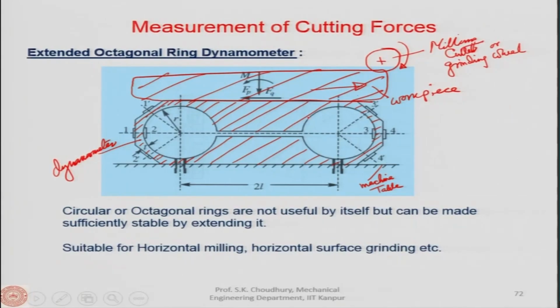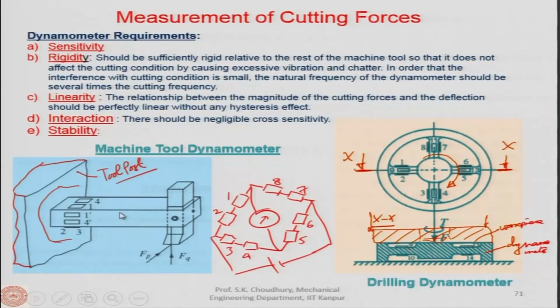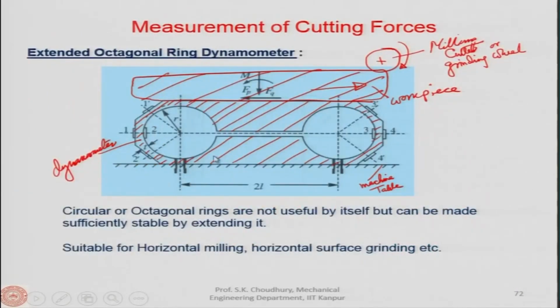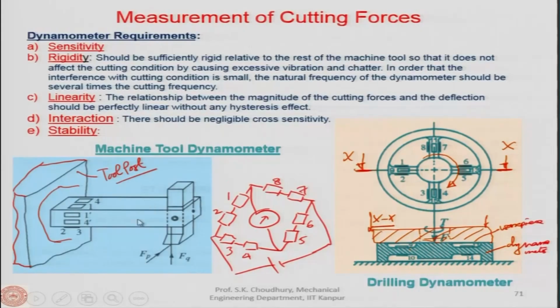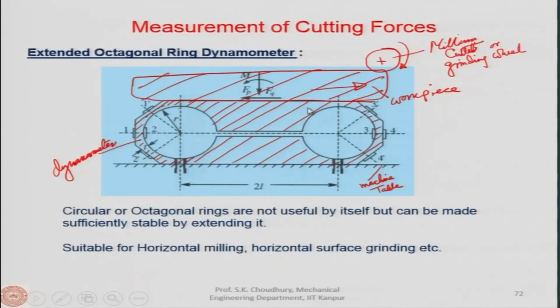Now, as I said, this is suitable for horizontal milling, horizontal surface grinding, etc. Here you can see one thing that I already mentioned earlier: these dynamometers, for drilling, turning and then milling or grinding, are for these purposes only. This dynamometer cannot be used to measure forces in turning or drilling, and a drilling dynamometer cannot be used here either.